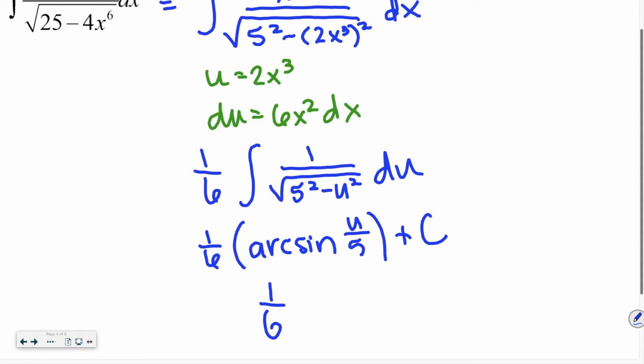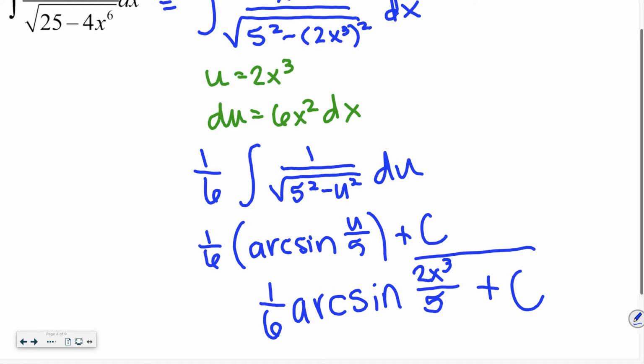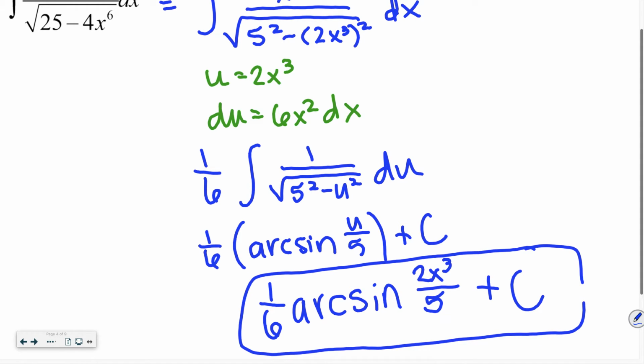Okay, so final answer 1/6 arc sine of 2x cubed over 5 plus c. Let's see this. My C looks funny. Okay.